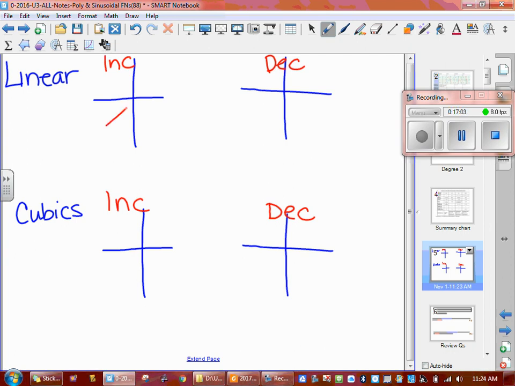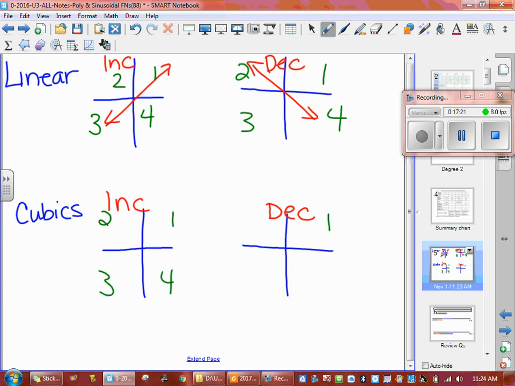Let's locate our quadrants: 1, 2, 3, 4. So I'm now going to draw some cubics in. We're going to do an increase and a decrease.